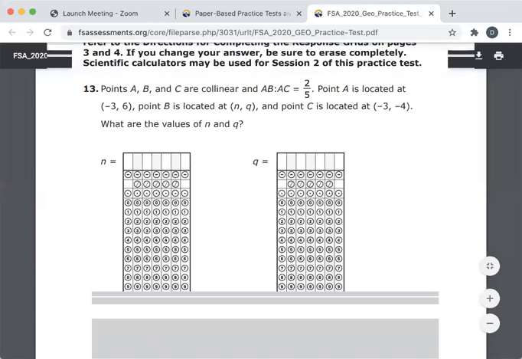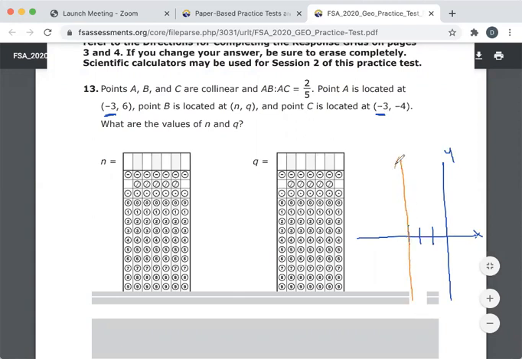The first thing I notice is they both have x values of -3. So if I were to graph this, here's x is -3, this is the x and this is the y, and that's going to give me basically a vertical line, right?